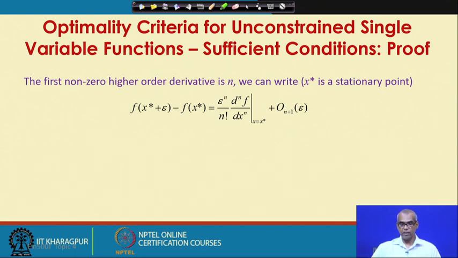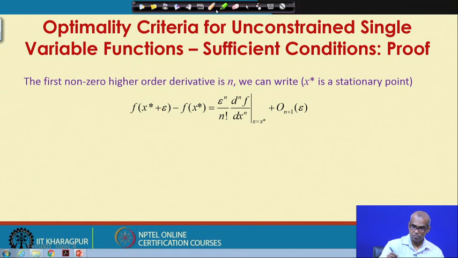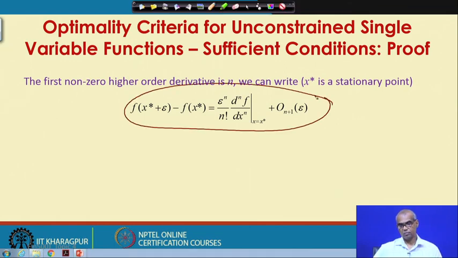So, then we can write f(x star plus epsilon) expression, because all other terms before this nth order term are all 0, because such derivatives for n minus 1, n minus 2, and so on and so forth, they are all 0.